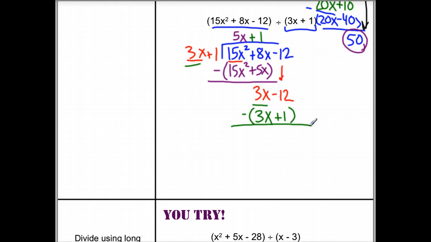Now we subtract, we get 0, and then negative 12 minus 1 is minus 13. So our remainder is negative 13. How we would write this is 5x plus 1 plus negative 13 over 3x plus 1.